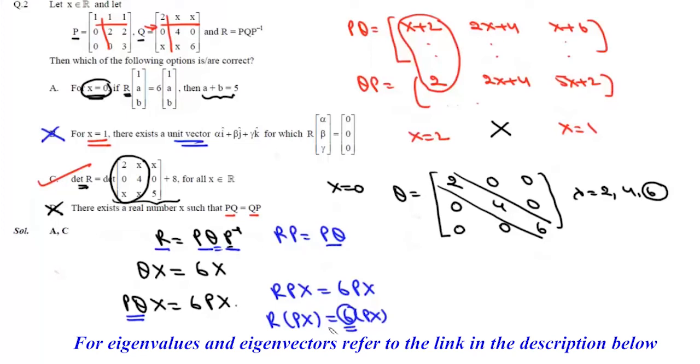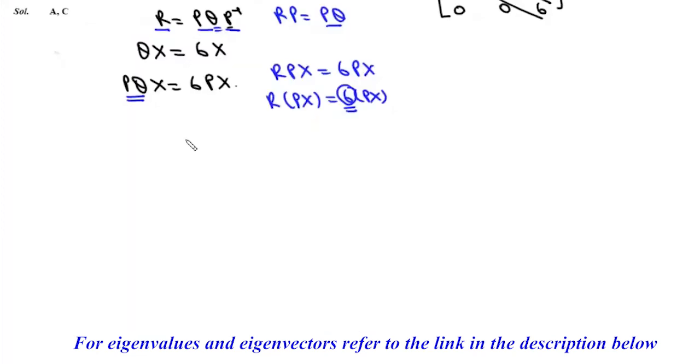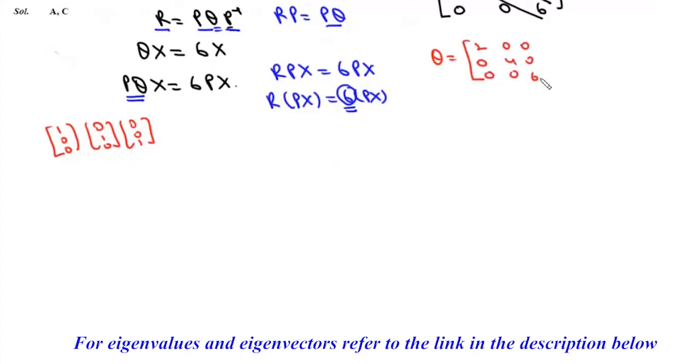Now we have to find the eigenvector corresponding to this eigenvalue 6. Now we know that this Q is a diagonal matrix whose one of the eigenvalues is 6. And for a diagonal matrix, the corresponding column matrices are (1, 0, 0), (0, 1, 0) and (0, 0, 1). Now Q is 2, 0, 0; 0, 4, 0; 0, 0, 6.